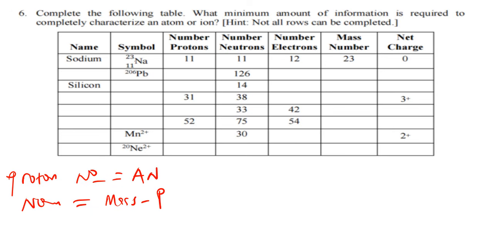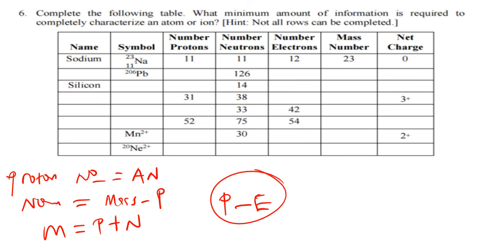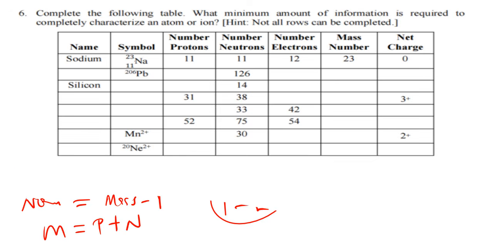Then electrons: in a neutral atom, electrons are equal to the number of protons. The mass number is just the protons plus the neutrons. Then the net charge is the protons minus the electrons, because these are the only 2 which are charged. So basically this is the information that we really need.